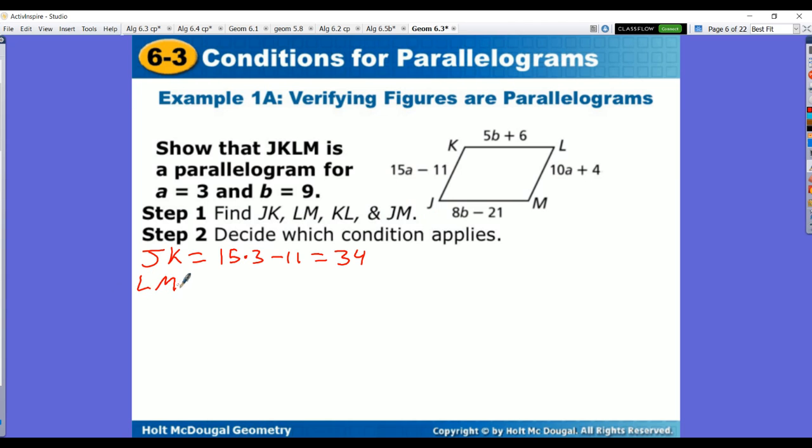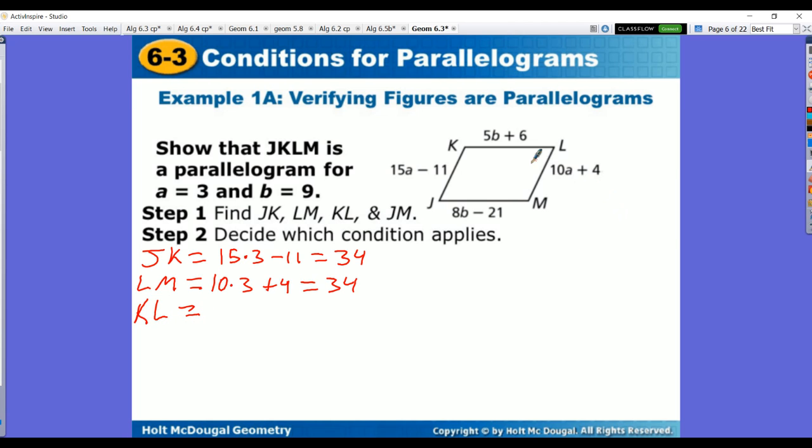Next we'll do LM. If we take a look at LM, we have 10 times A plus 4. So that's going to be 10 times 3 plus 4, and that's also going to be 34. We don't need to spend a lot of time on these. We can just work that math out. Next, we'll do KL.